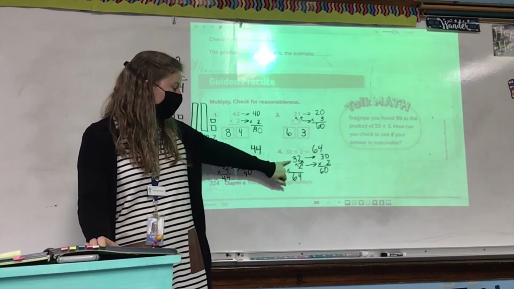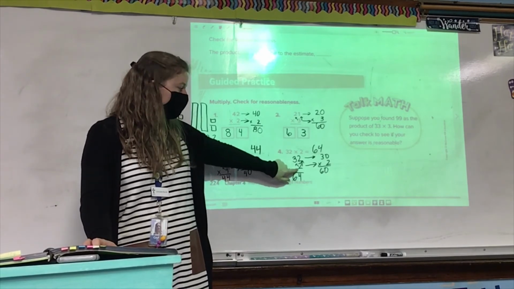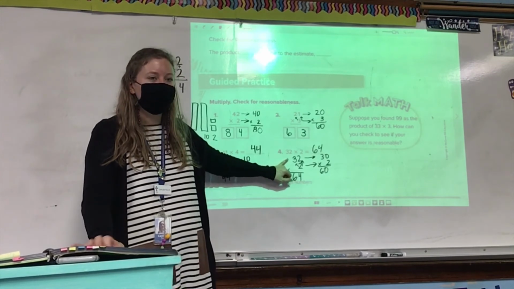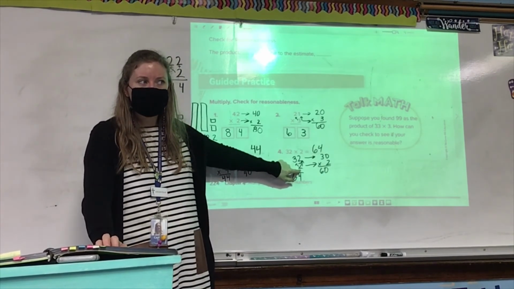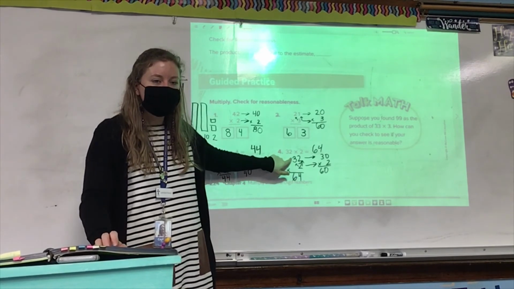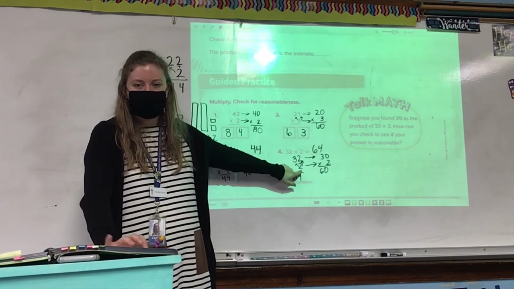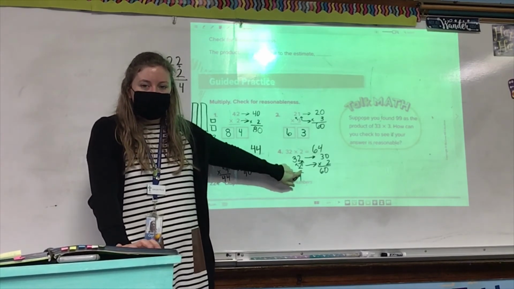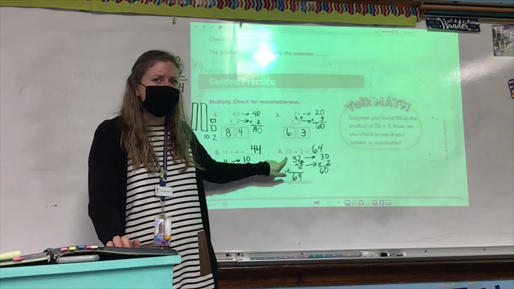If we had 3 digits in our top factor, how many times would we have to take our one-digit factor and multiply it? Smith? 3 times. What if we had 4 digits in our multi-digit number?